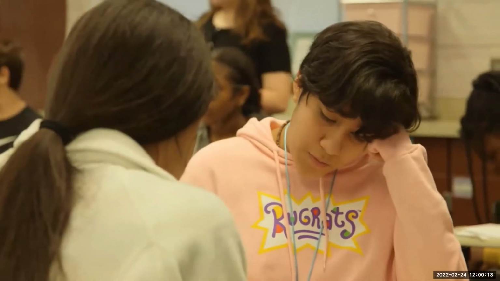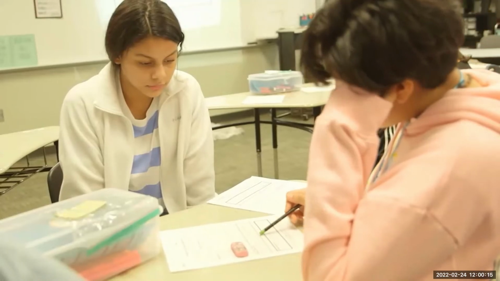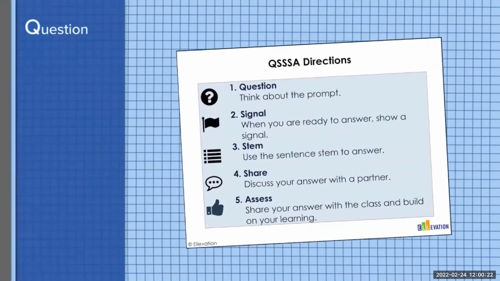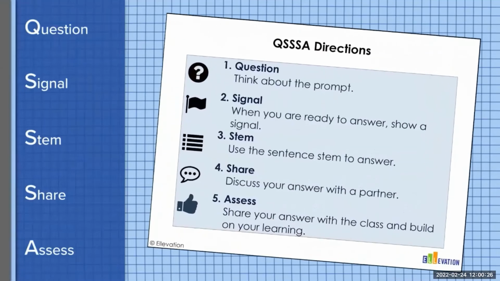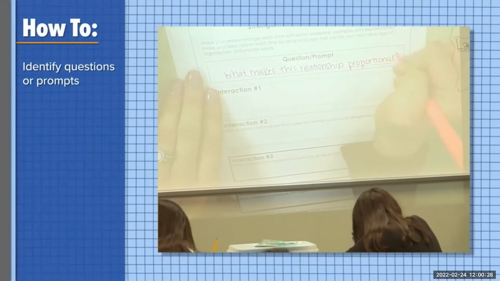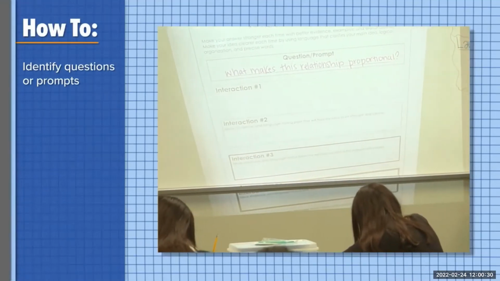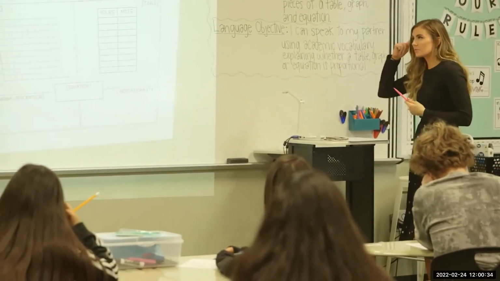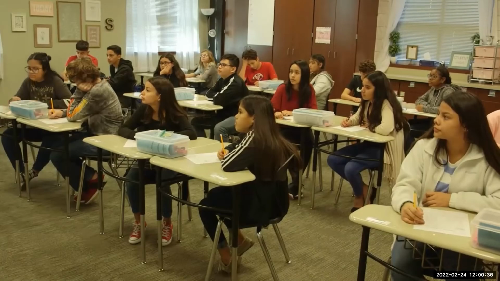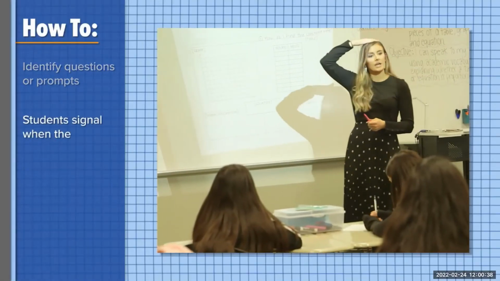But the relationship is proportional. So QSSSA is a way of providing a structured conversation for your students, and where you question, signal, stem, share, and then assess. The question is just based on what you're teaching that day. What makes this relationship proportional? Whenever you think that you know the answer to this question, I want you to put your hand on your head.